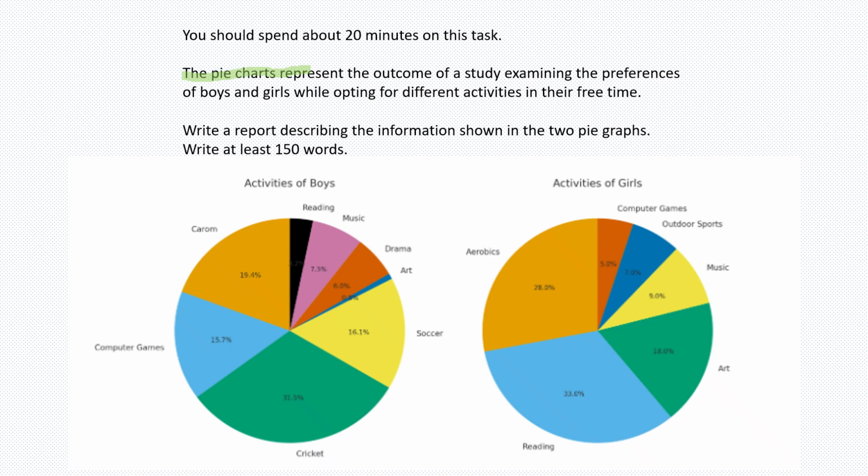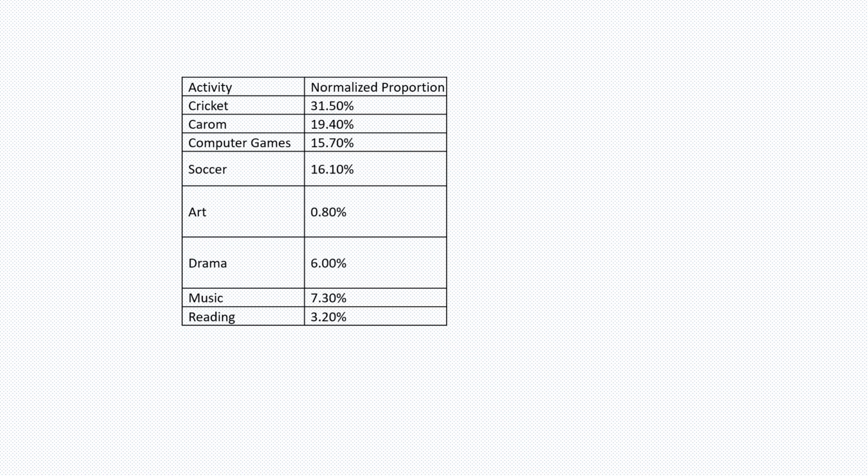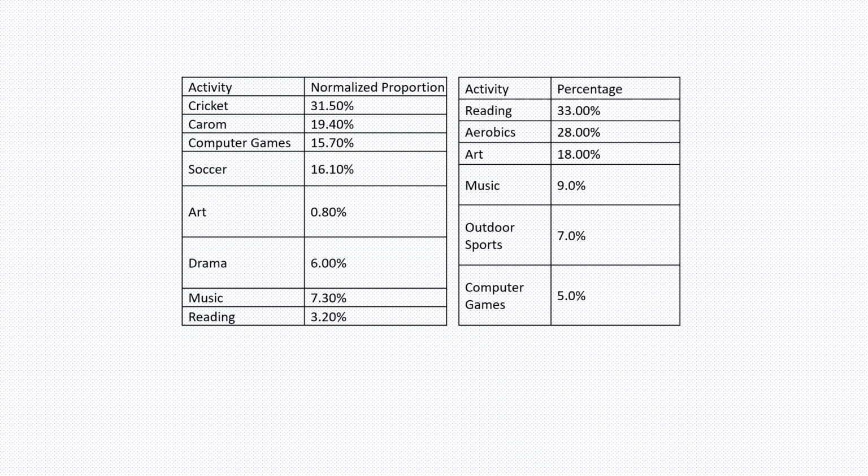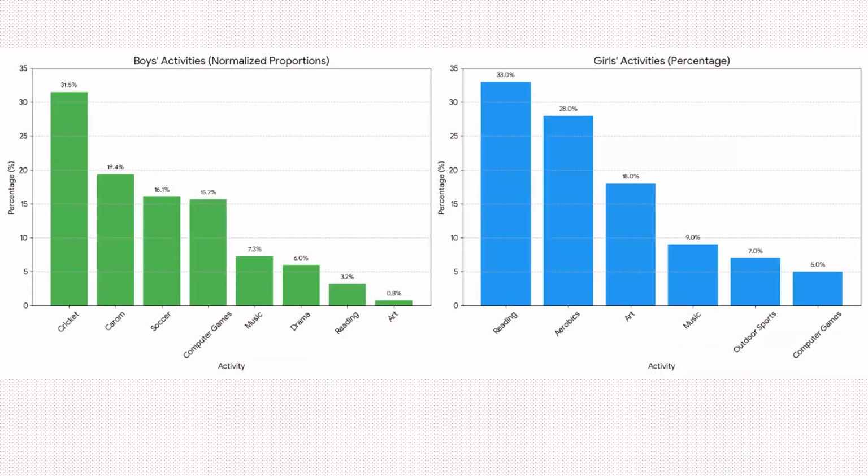So we have instructions and information. Now, what should we write in the overview? How to basically observe the key trends, right? This is what we are going to learn. Okay, to reiterate, the same data which was represented by the pie graph can also be represented by a table or maybe a bar graph or maybe a line chart.